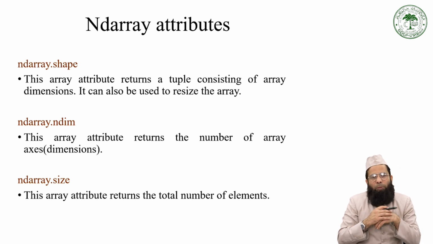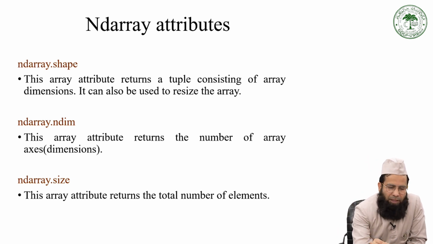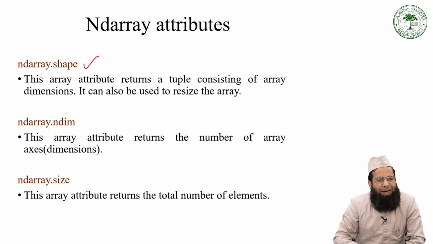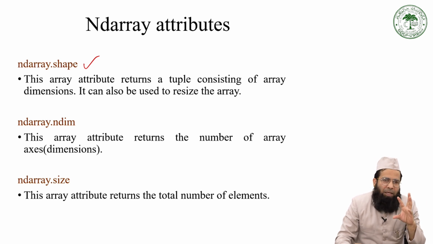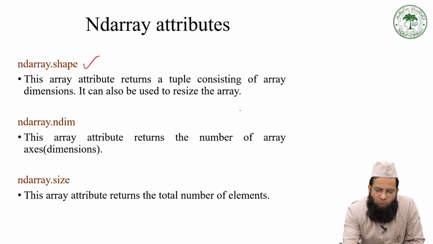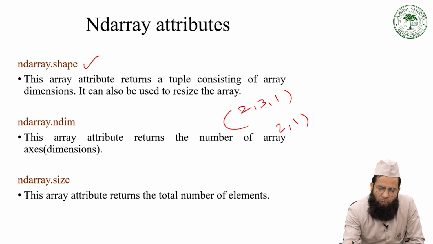There are several attributes of a NumPy array. The very first here is shape. Shape, this array attribute, is a tuple consisting of the array dimensions. So shape returns the dimensions of your NumPy array, whether it is 2, 3, 1, or 2, 1.